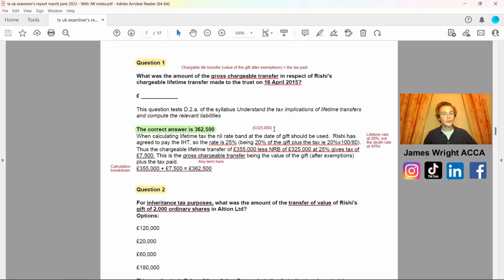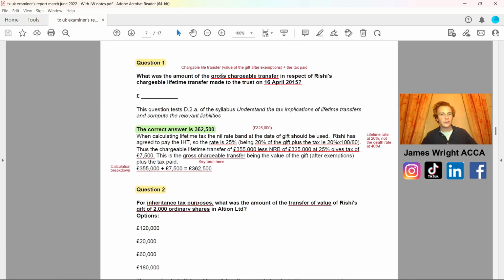This is the gross chargeable transfer, being the value of the gift after exemptions plus the tax paid. So that is the key thing on there, the calculation breakdown of what was the actual amount for the 355,000 for the chargeable lifetime transfer plus the tax paid, and therefore that is what we have as the amount of the gross chargeable transfer.